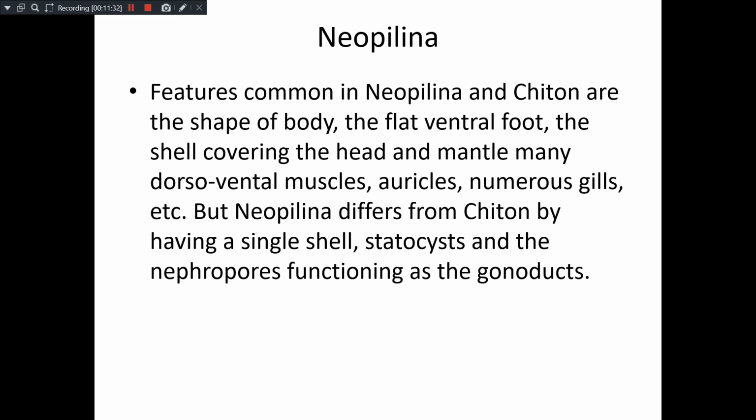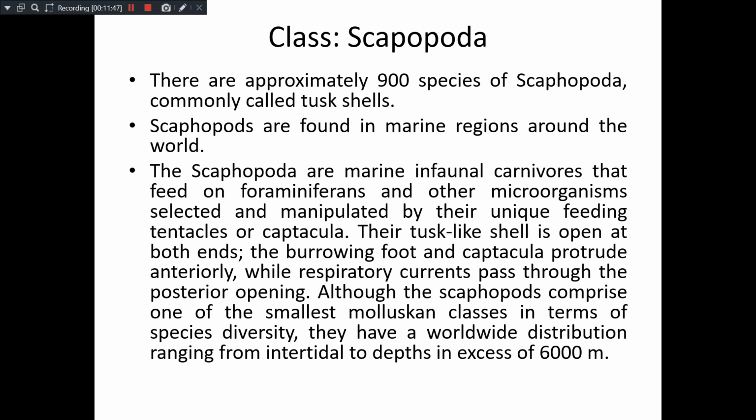But Neopilina also differs from chiton by having a single shell. In chiton there are 8 shells, and statocyst and nephropores functioning as gonoducts are in the case of Neopilina, but not in the case of the chiton.